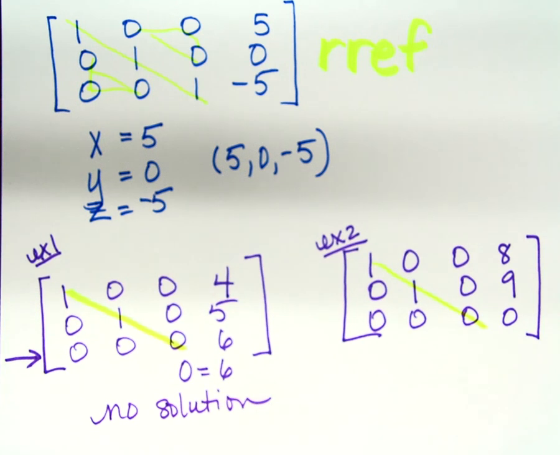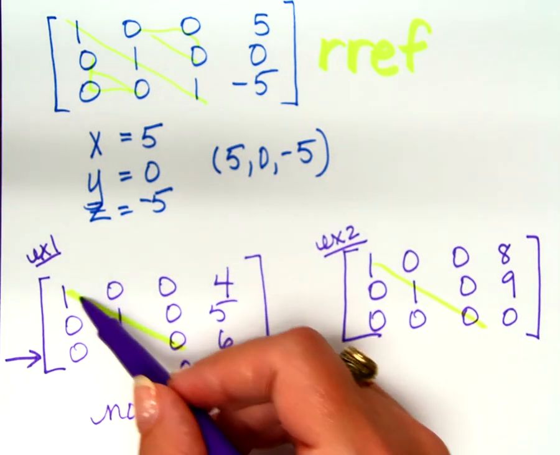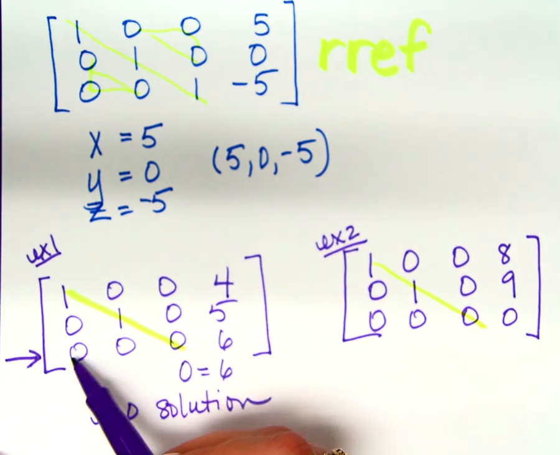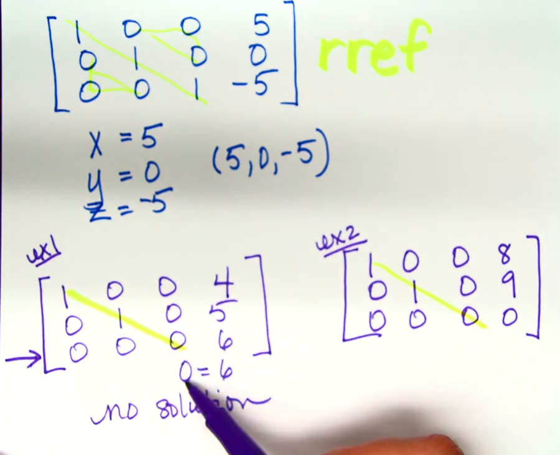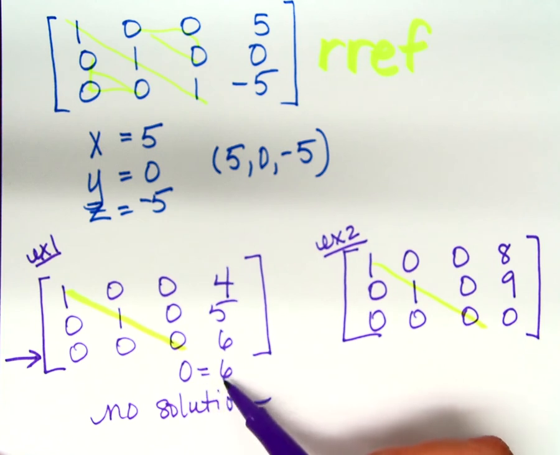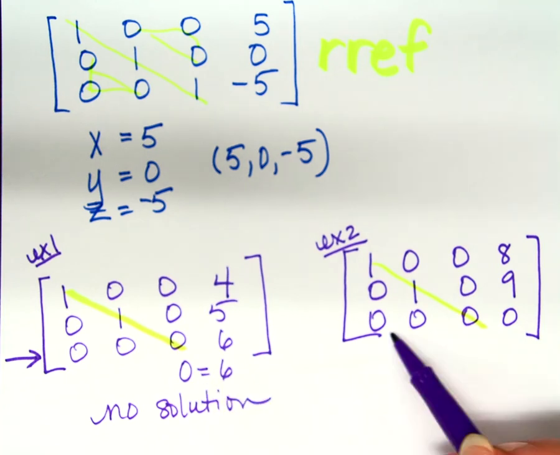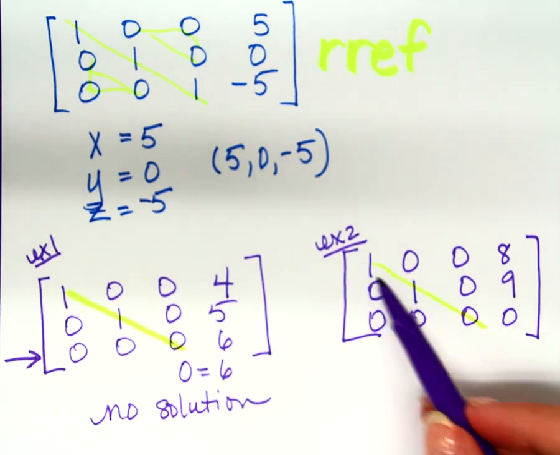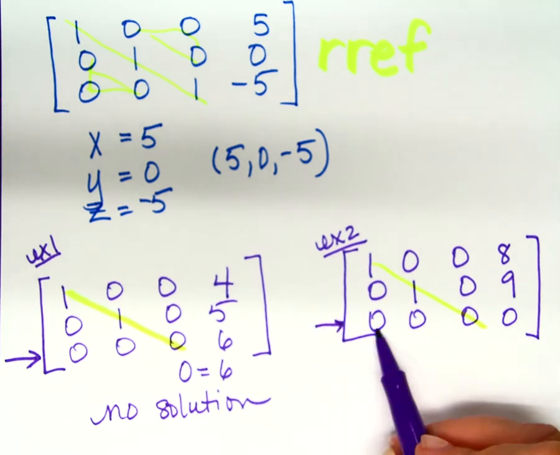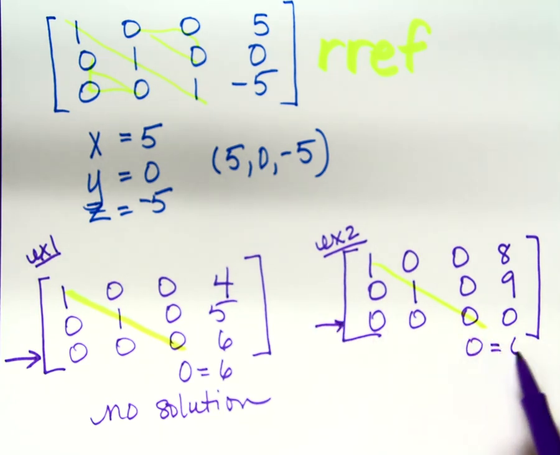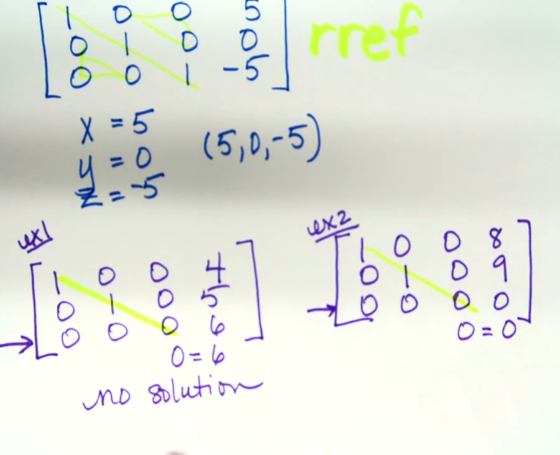Do you see the difference? I don't have a diagonal of 1, so I've got to look at the last row. If I convert the last row back into an equation, it is something that is not true. But look at this last row. I don't have a diagonal of 1, so I look directly at the last row. 0 equals 0. Doesn't 0 equal 0?